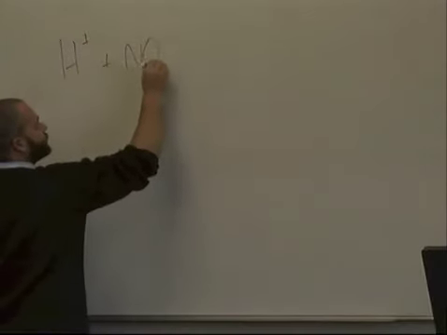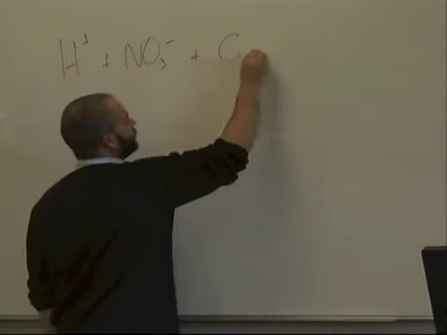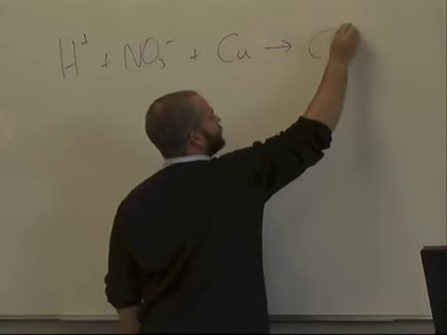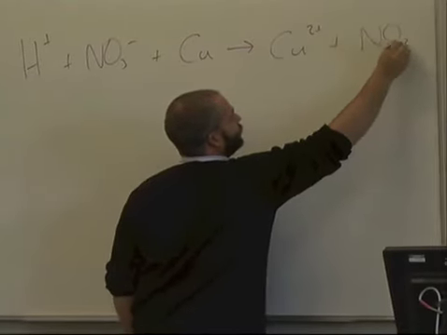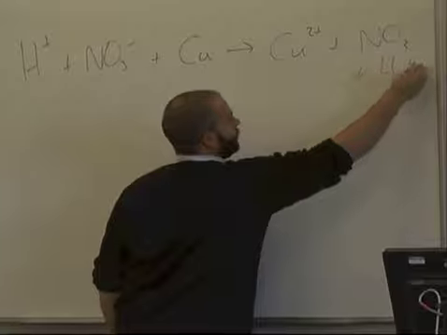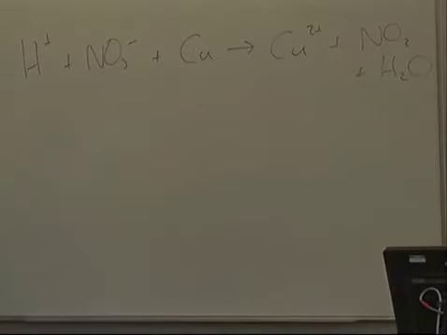You could have the case where the top one is the reduction and the bottom one is the oxidation. Yeah? So this would look like this. It'll be H plus and NO3 minus, and copper gives copper 2 plus and NO2 and water. Okay, this is not balanced.